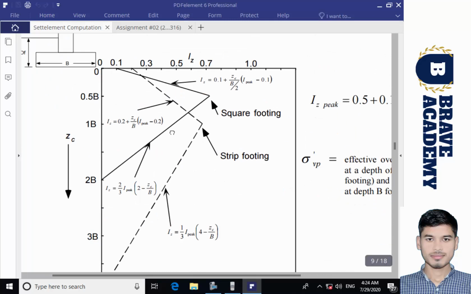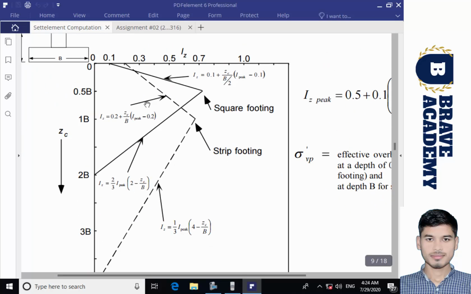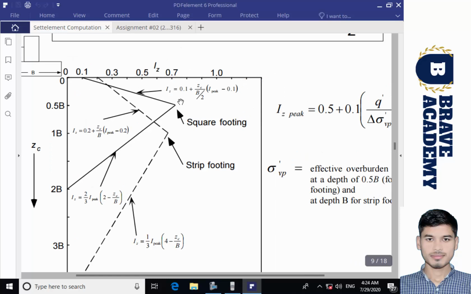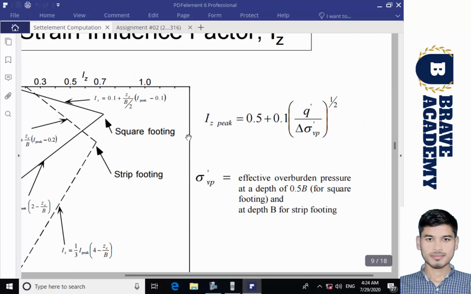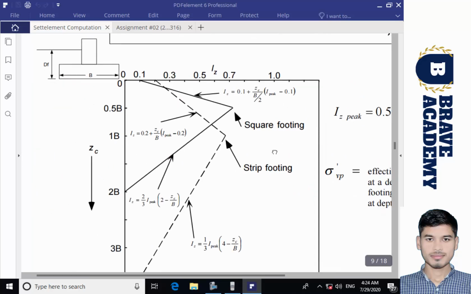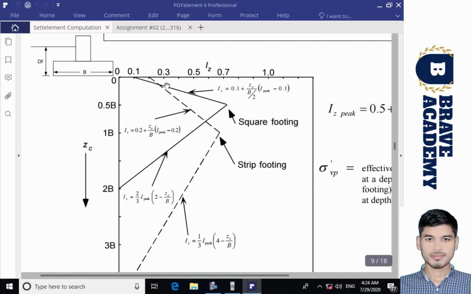See here, the peak value is the same for both cases. If you want to calculate the Iz value for square footing when the depth is less than 0.5 B, you will use this formula: Iz equals 0.1 plus Zc over B by 2 into Iz peak minus 0.1.